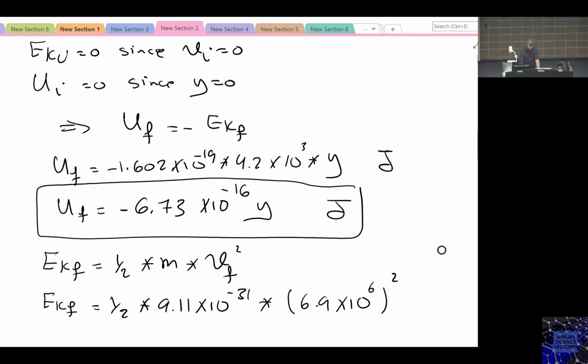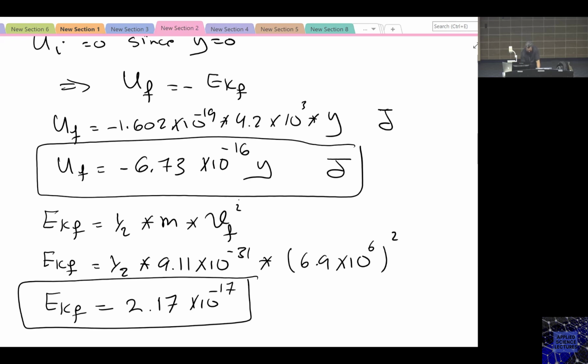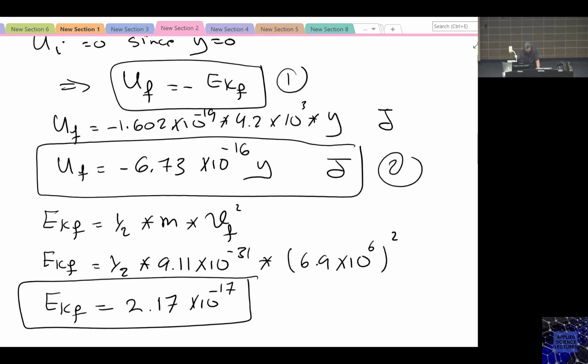EKF is 2.17 × 10^-17. Now, if this is 1, this is 2, yeah, this is joule, this is 3.